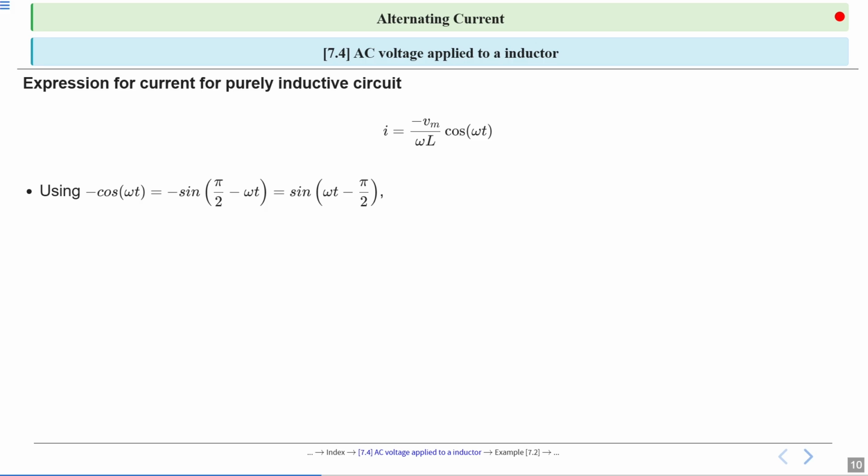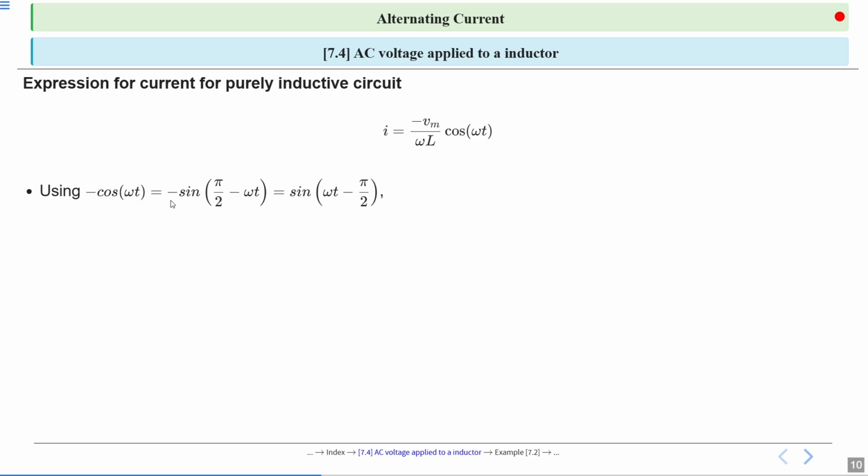Cos will not let the negative sign out of the angle; cos will digest it, you can see. But in the case of sine, sine minus theta is equal to minus sine theta, so the negative sign will come out of the argument of sine.